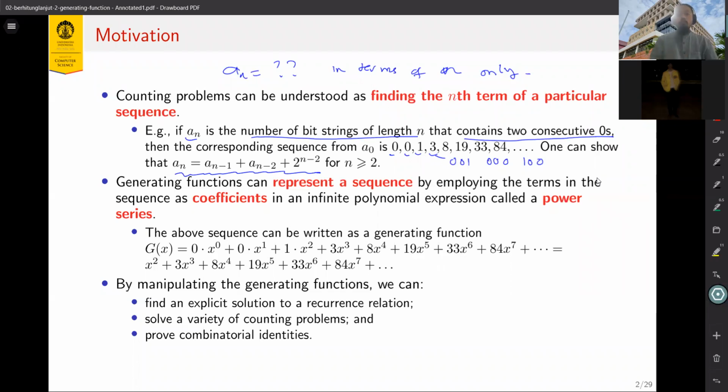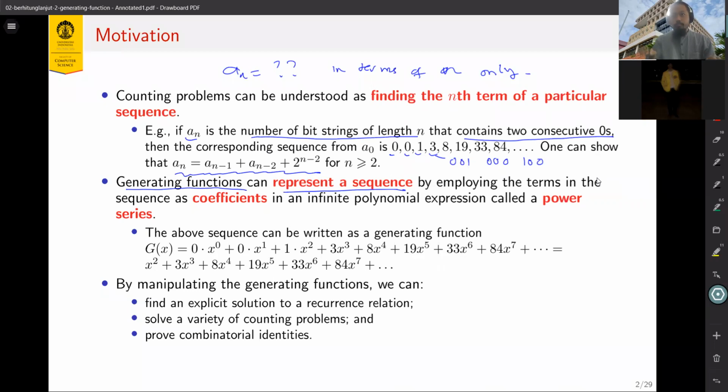Generating functions are structures that can be used to represent a sequence. The aim is not to use it for computing values, but rather to represent a sequence.